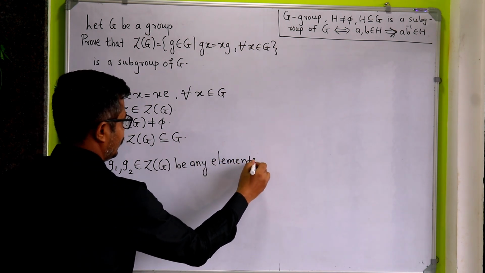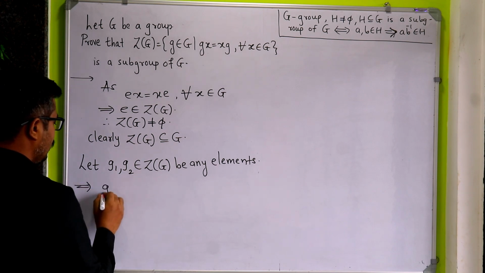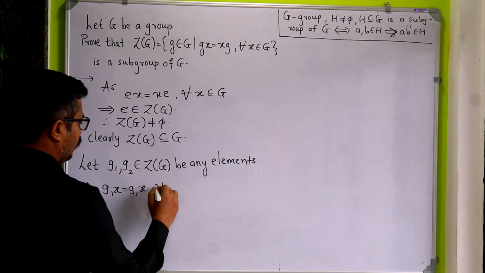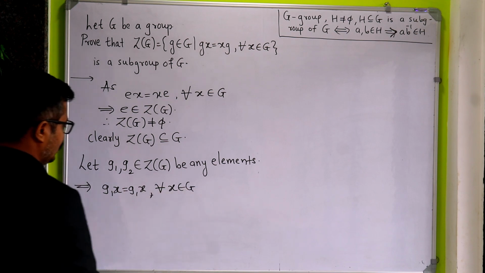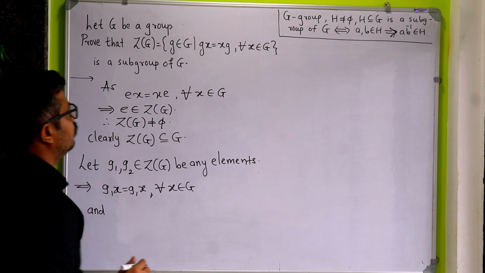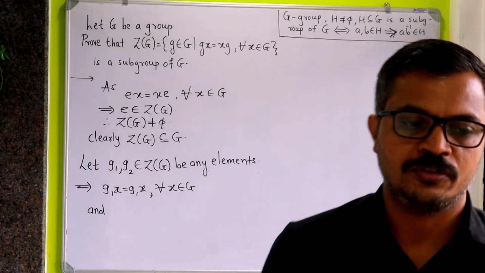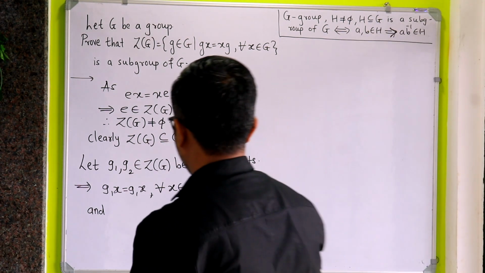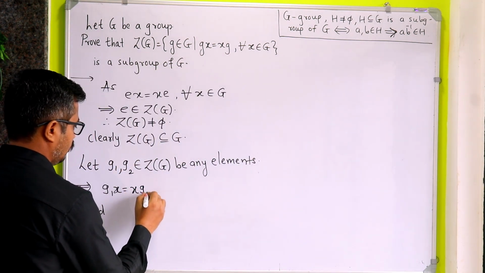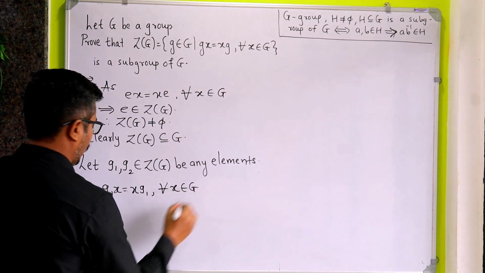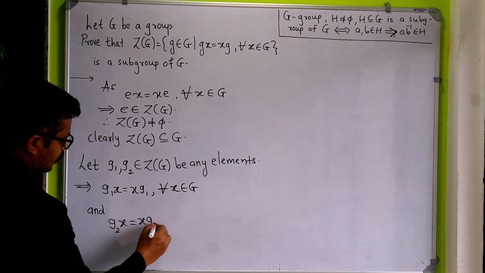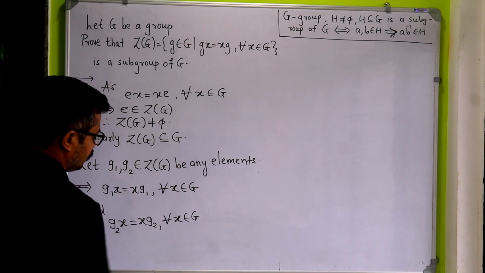Now since g1 and g2 are in the center, both g1 and g2 will commute with every element of G. So I will say g1x is equal to xg1 for all x belonging to G. And one more thing will happen, g2x will be equal to xg2 for all x belonging to G.